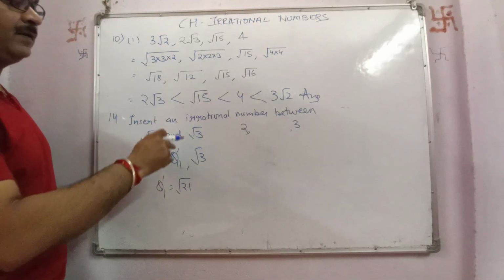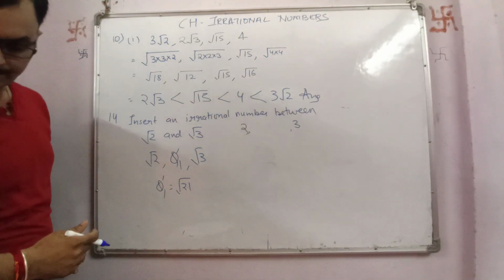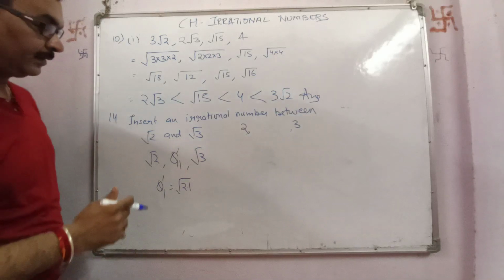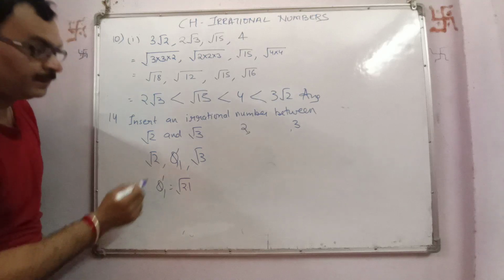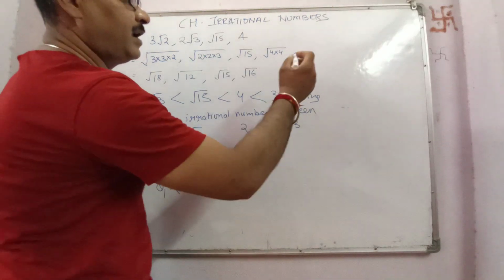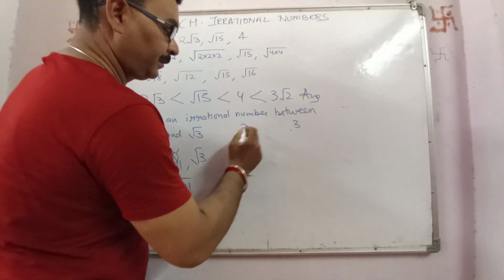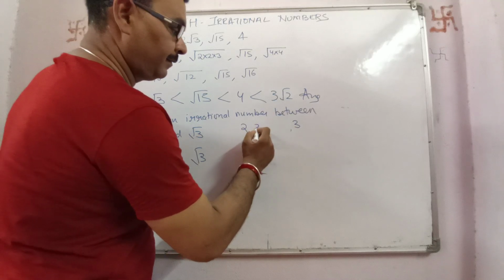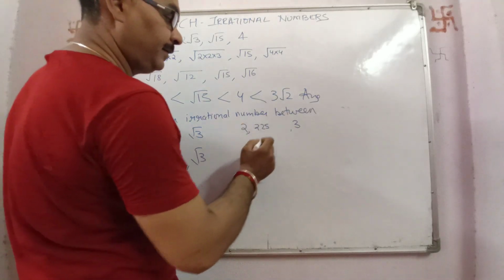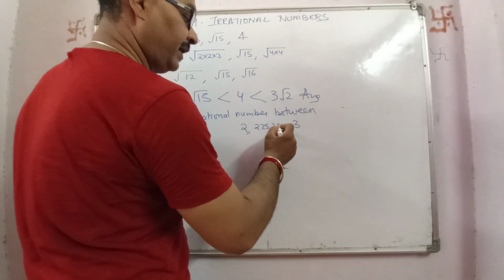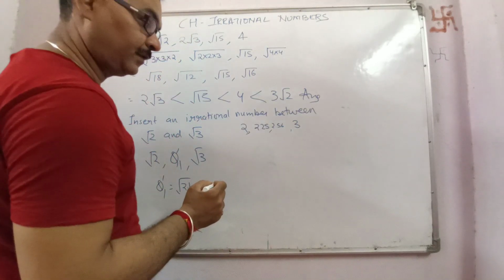If we need to insert a rational number between them, say in 15th question, we have to insert a rational number between them. So between 2 and 3 we have 2.25, which is a perfect square, 2.56, which is a perfect square.